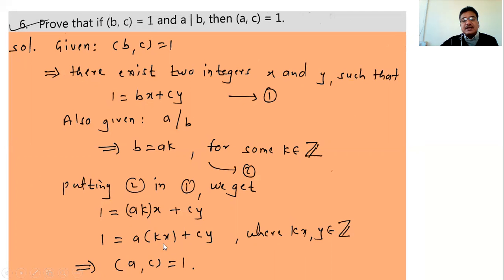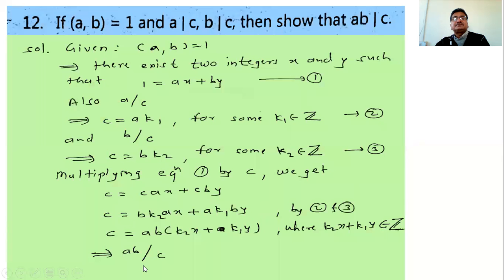Obviously kx and y are integers, and so 1 is expressed in the form a times some integer plus c times some integer, and therefore the gcd of a and c is 1. This is the reverse use of the theorem, that the gcd of a and c is d if and only if d is expressed in the form ax plus cy.